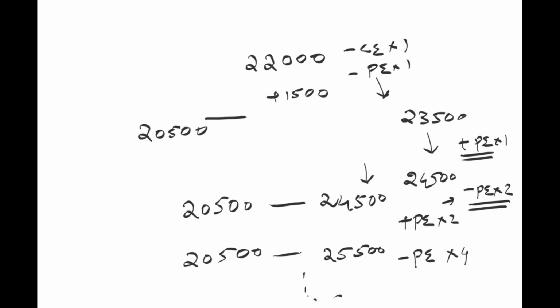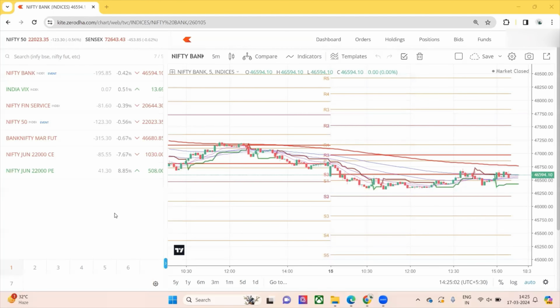Okay, now you will have this doubt, right? Look at the premium. We can discuss now. I'll just show you the premium so that you can understand. So Nifty is trading at 22,000, right? So here it is 22,000. Now what is the premium here? 22,000 call 1,030.